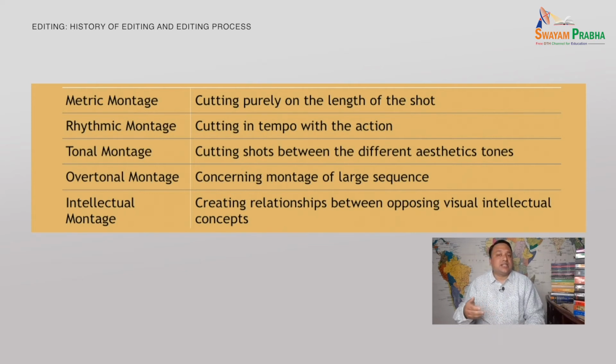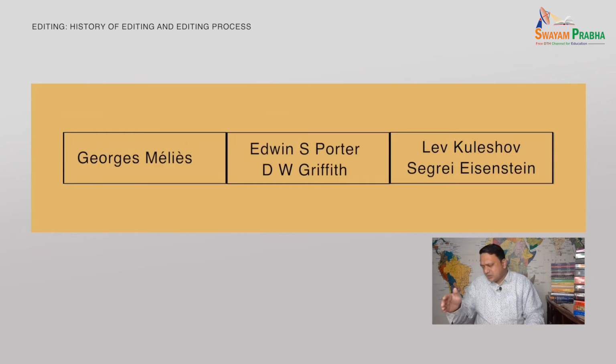began incorporating montage as part of their storytelling techniques. As far as the history of editing is concerned, we can find three distinct routes or styles or blocks. So, the first set belongs to George Méliès, the second belongs to Edwin S. Porter and D.W. Griffith, and the last is of Kuleshov and Eisenstein.